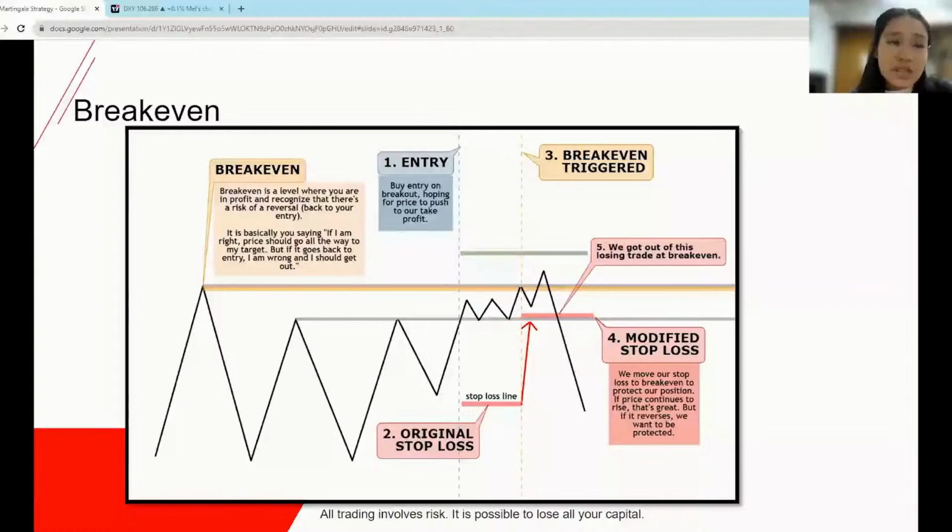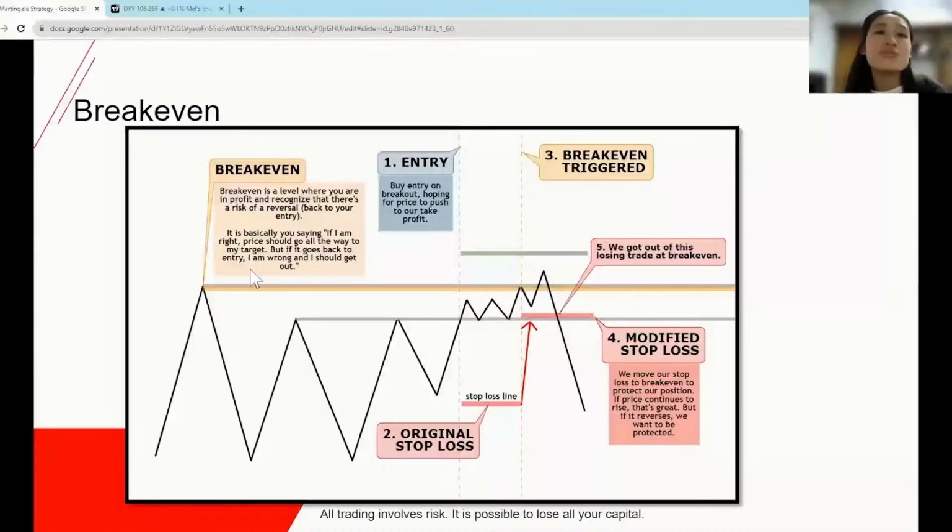Break even is basically a level where you are in profit and recognize that there is a risk of reversal, which means that price is likely to hit back to your entry. So the level is basically you saying, if I'm right, then price should go all the way to my target. But if it goes back to my entry, then I'm wrong and I should get out ASAP.